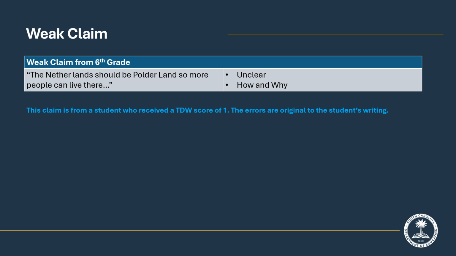This student takes the position that the Netherlands should be polderland so more people can live there. The student's claim is unclear because the writer does not clarify how the polderland is created or why it would give the country more living space. As a result of the weak claim, the rest of the student's response is disorganized and confusing to the reader.